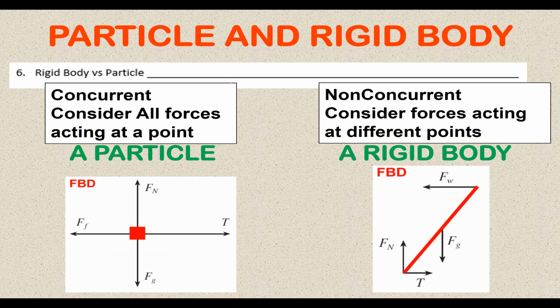Therefore, a particle system is concurrent, and a rigid body system is non-concurrent.